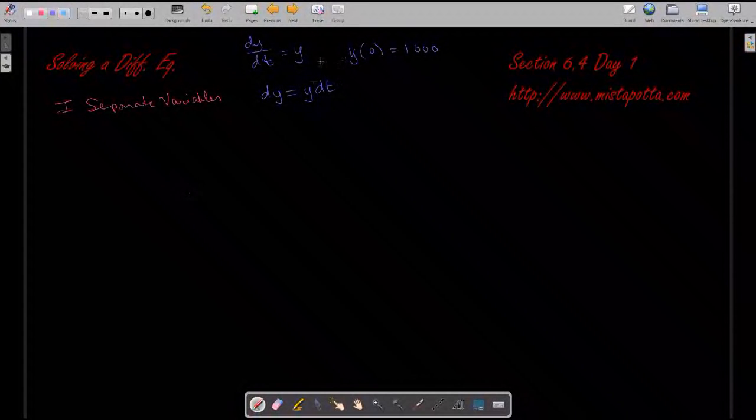But now I have mixed variables over here, and I want to move this y over to the other side. So this really becomes 1 over y dy equals dt. So that's my first step, is to separate my variables.